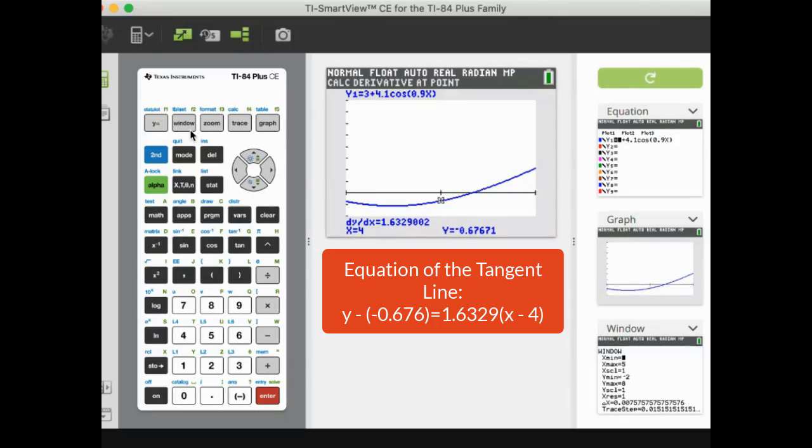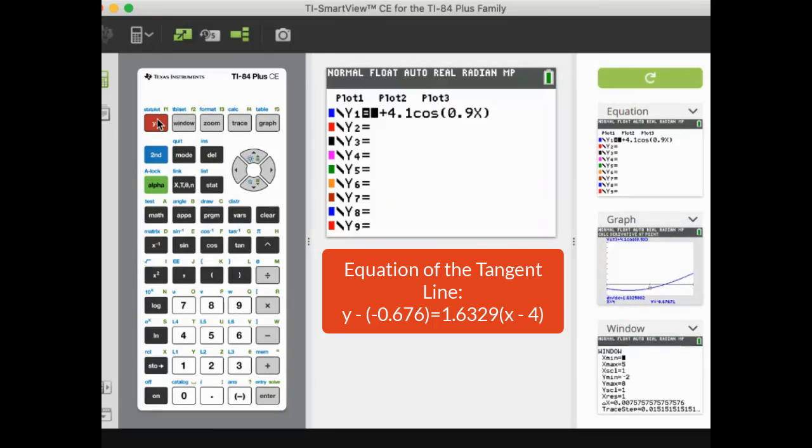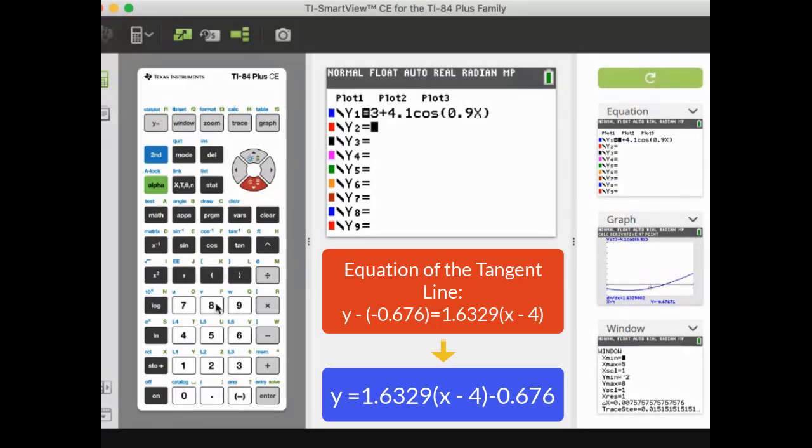In fact, let me go ahead and do that. Let me go to my y equals, and right here in red, my slope was 1.6329 times x minus 4.